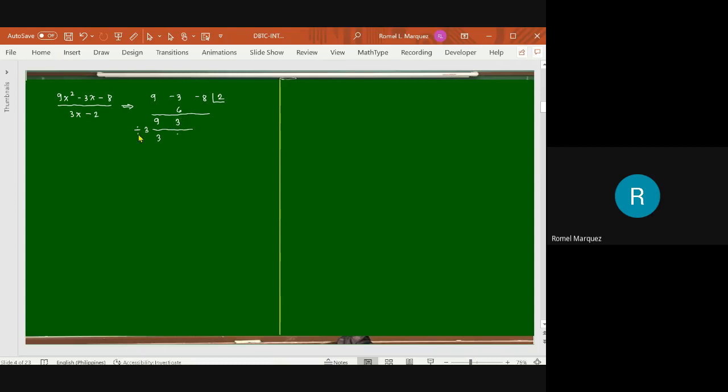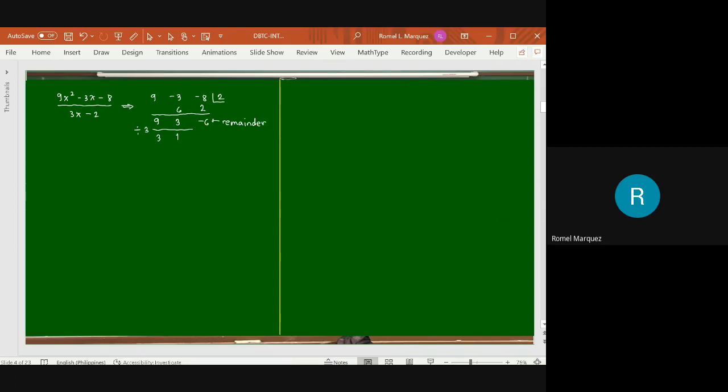Bring the 3, divided by 3, that is 1, times 2 is 2, then get the sum, that is negative 6, okay? So this is the remainder.